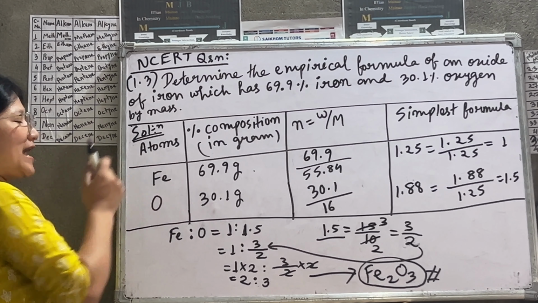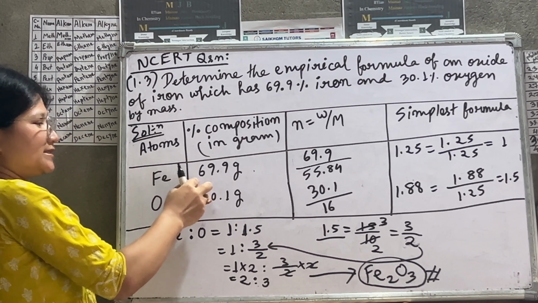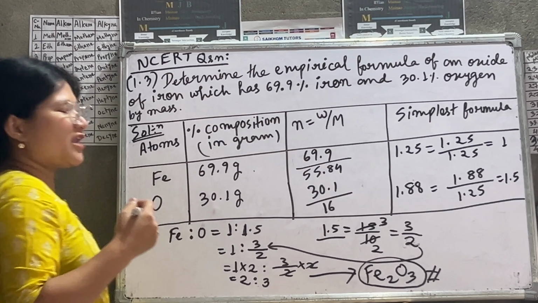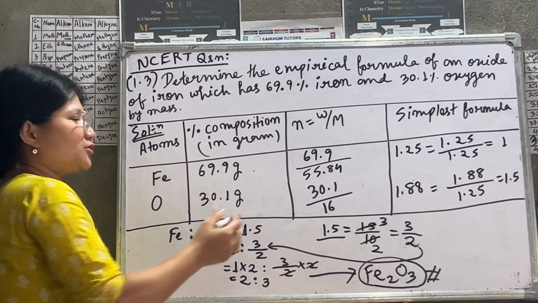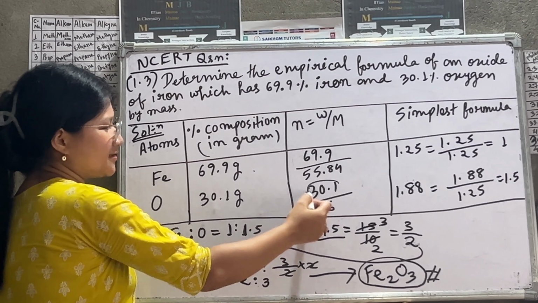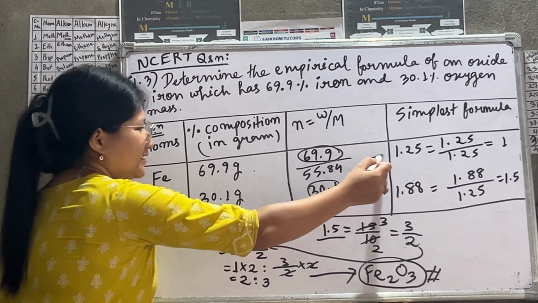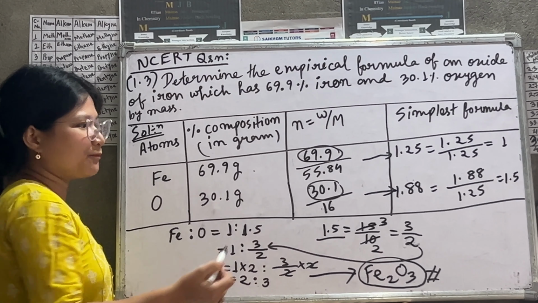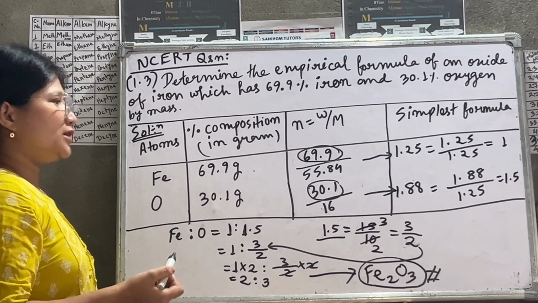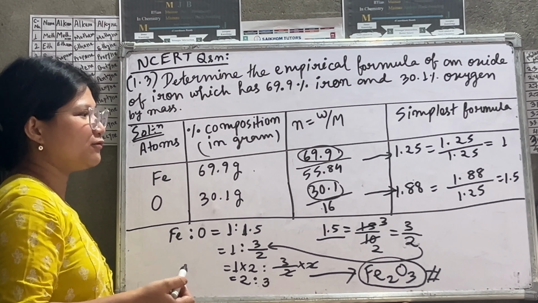Here, the atoms are iron and oxygen. Percentage composition in gram is 69.9 gram and 30.1 gram. The number of moles formula is given mass by molar mass. So this is the molar mass of iron and this is the molar mass of oxygen, and these are the given masses of iron and oxygen. By dividing, the answer is 1.25 and 1.88. To convert this into the simplest unit, you need to divide by the smallest unit.